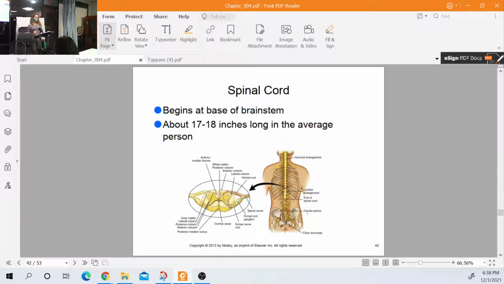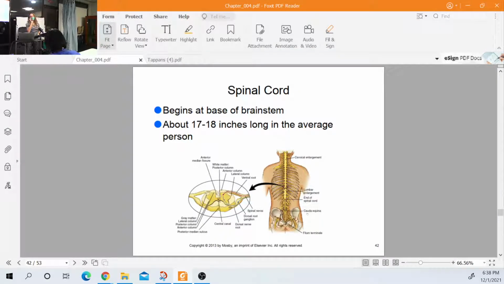Spinal cord, on 121. Its function is to conduct nerve impulses and integrate the reflexes, the spinal reflexes. It is about 17-18 inches long in most individuals. It has both white and gray matter of the nervous tissue. It starts at the brainstem, and the exit point of the skull is called the foramen magnum.